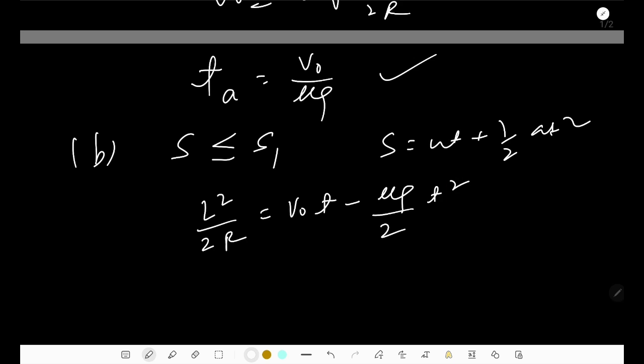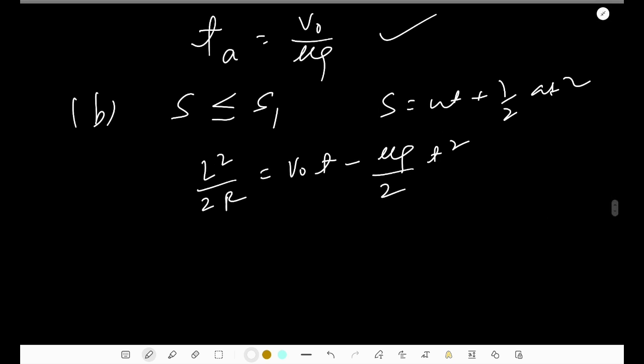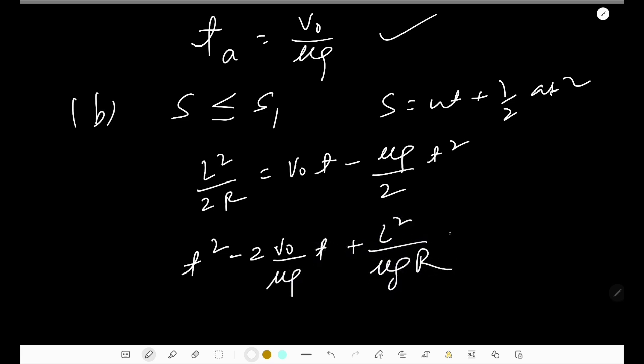And so I get a quadratic equation in terms of time. And what is it? I can write like this, that t square minus 2 v naught by mu g t plus L square by mu g r.